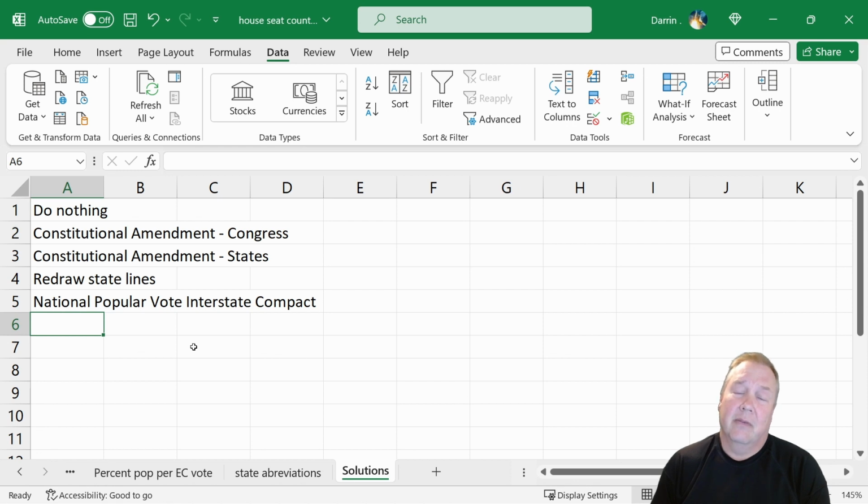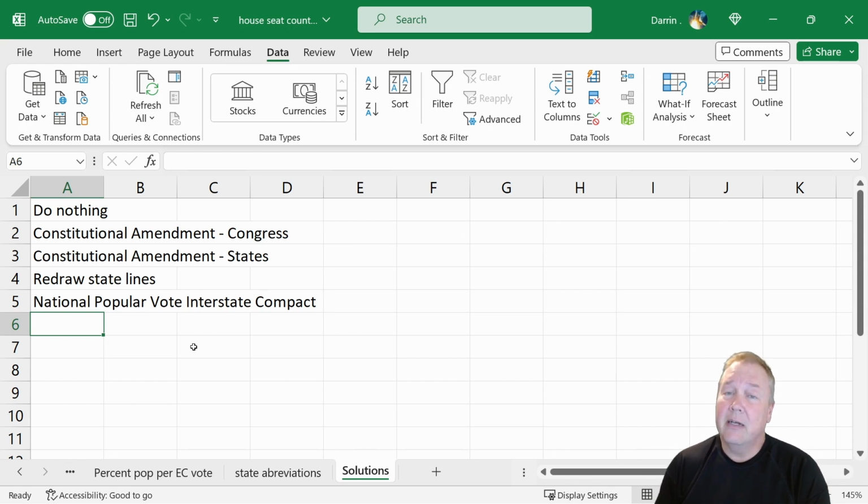The third option there, with the states calling for a constitutional convention, that's never happened successfully. There are increasing proposals in the state legislatures to call a constitutional convention on a variety of topics. They would all have to call for it on the same topic.